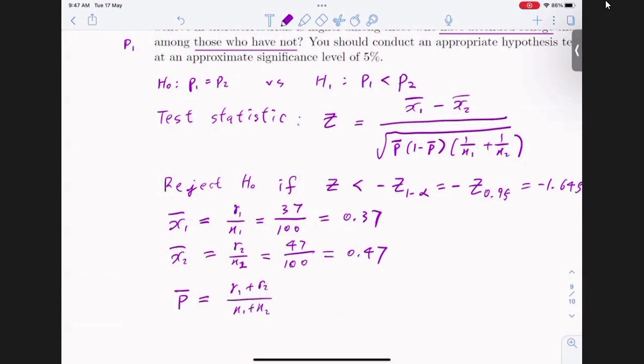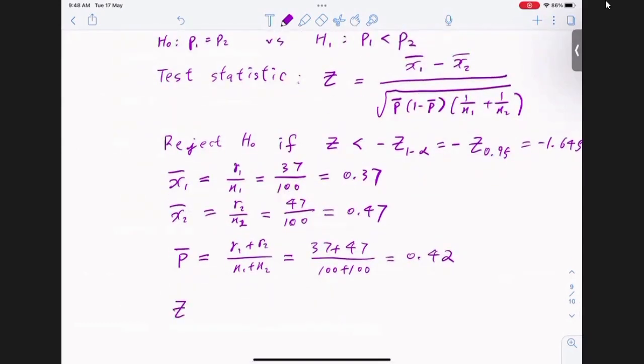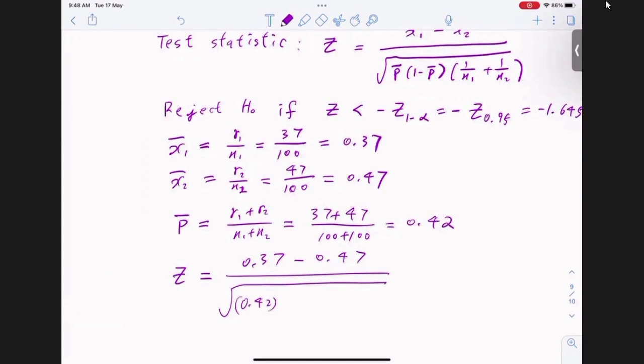It is just like we pool the two samples together, combine the counts, combine the sample size, and then take the ratio. So the pooled sample proportion is 0.42. So we substitute everything into the test statistic. It is computed as minus 1.433.